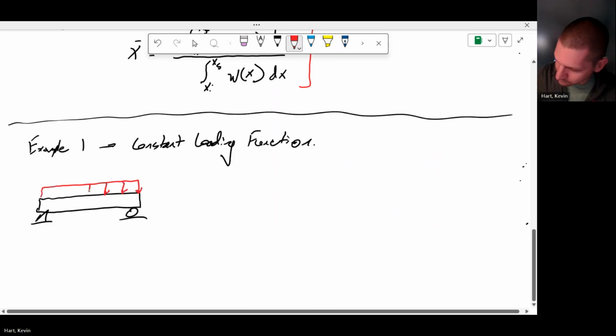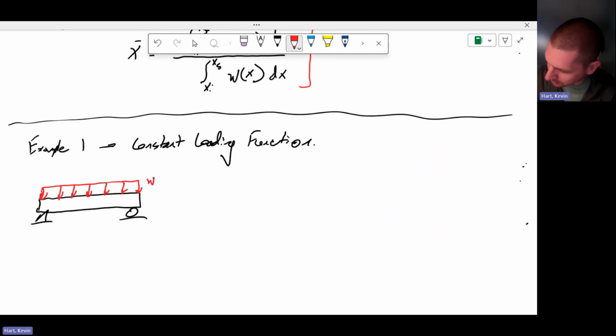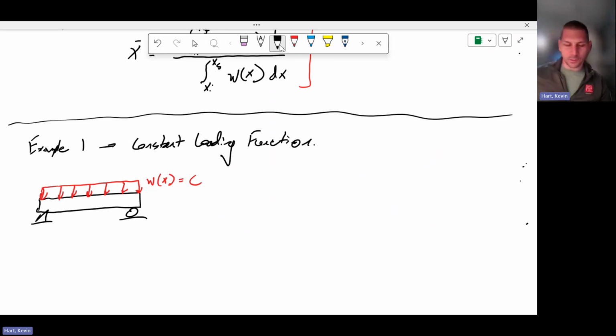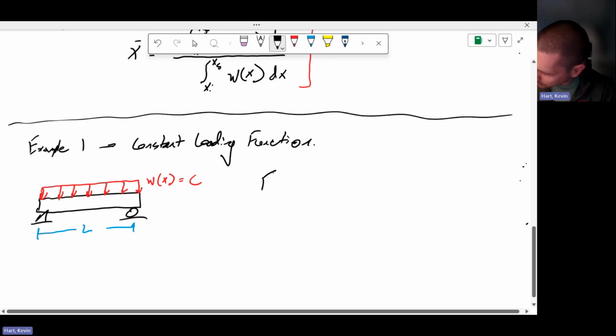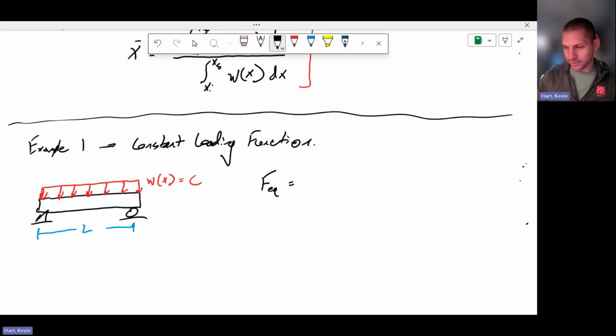And it's just w(x) is a constant. So we'll just call it capital C. In this case, the equivalent force that you can use to represent this, by the way, this has some length L. The magnitude of the equivalent force is just going to be the area under the curve of this loading function.